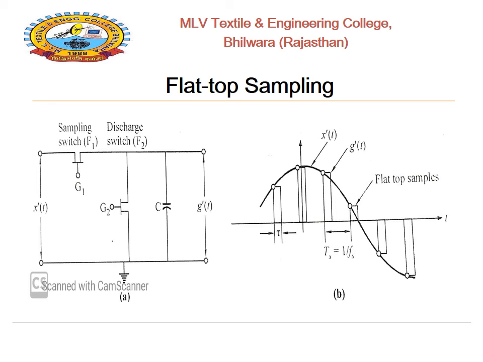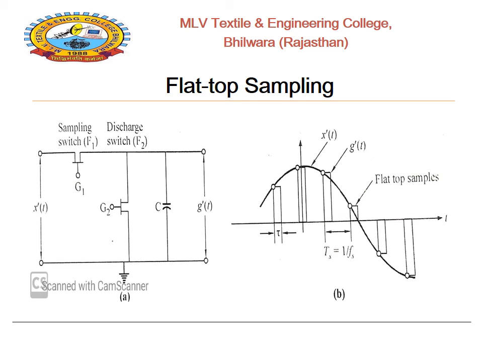Consider the working of this circuit. Initially, when the G1 switch is in the on condition, the capacitor charges and the output will be present, as shown in the first pulse with a width of tau.